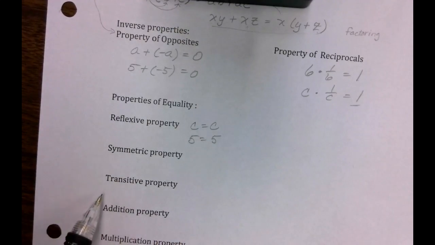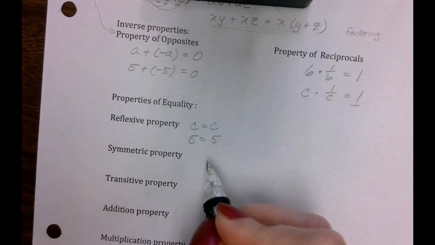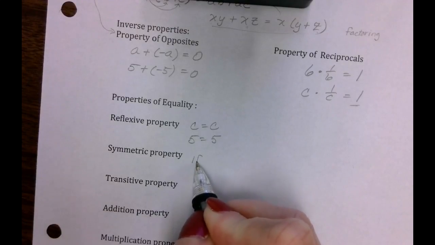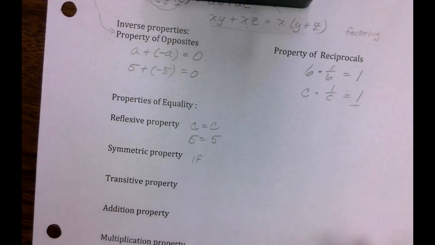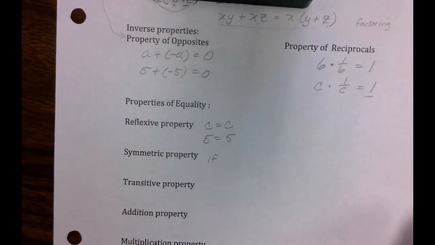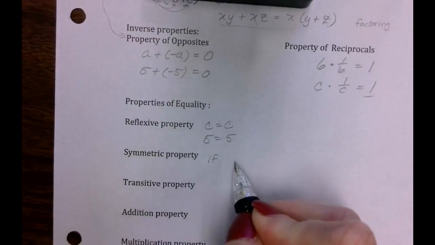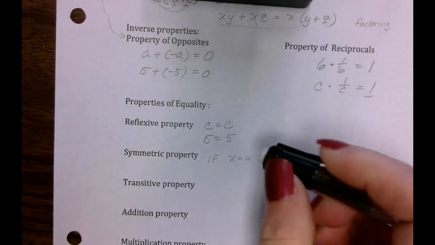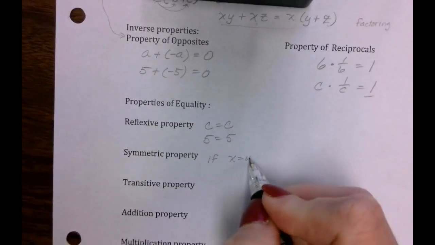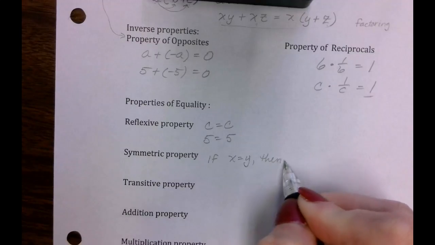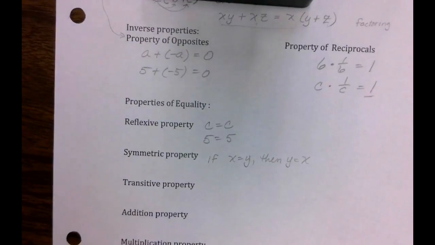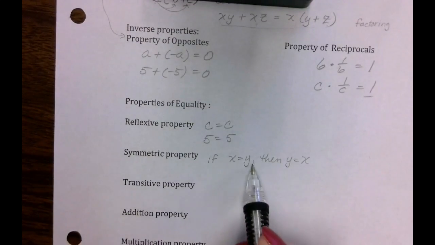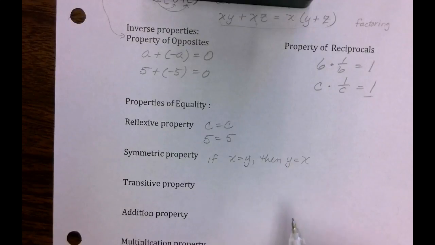The symmetric and transitive properties you are going to see often written in if-then statements. Those are probably the key ways of identifying them. The symmetric property basically states that if x is equal to y, then y is equal to x.